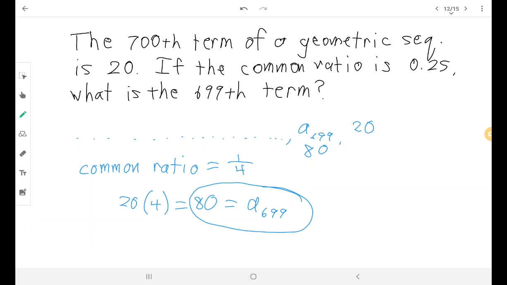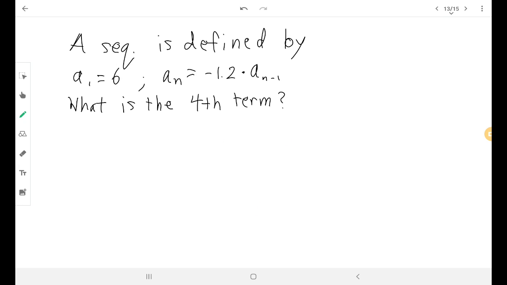All right, let's look at the next problem. A sequence is defined by the first term equaling 6, and every next term being gotten by multiplying the previous term by -1.2. What is the fourth term?